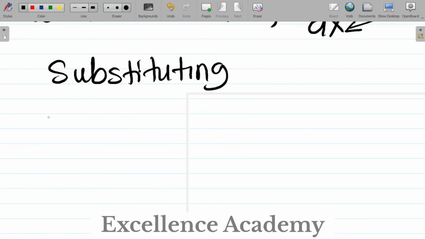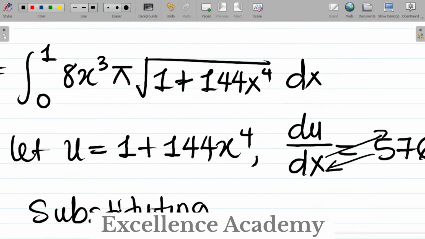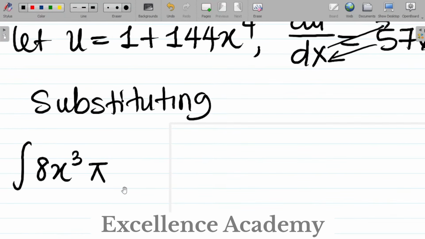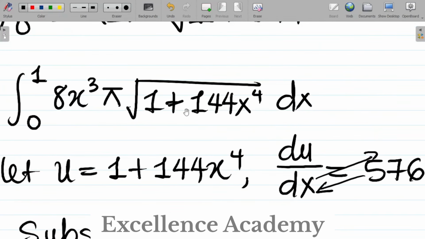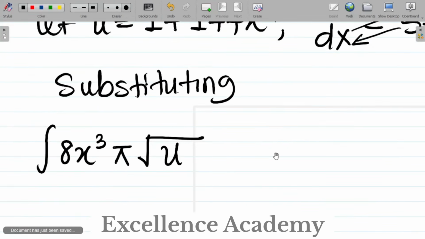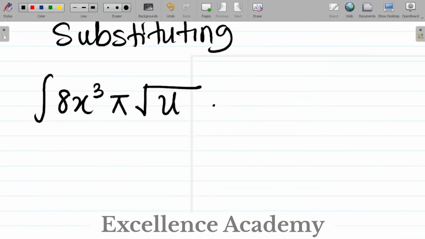So I have the integral of 8x cubed pi into the square root of 1 plus 144x to the power 4, we call that u, so all of this becomes root u, dx.